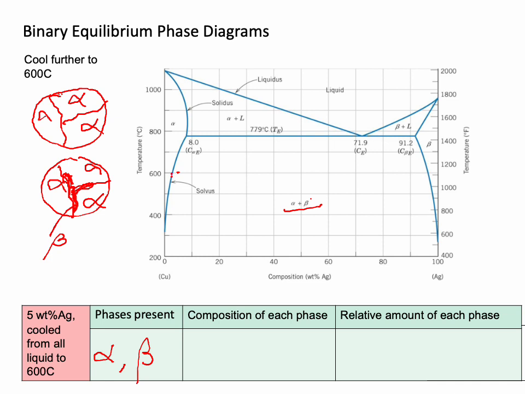If I were to read that down, I'm going to estimate that that's at about 3. So alpha is about 3 weight percent silver. And the beta, way over, we're at 600, composition is, we'll say 96.